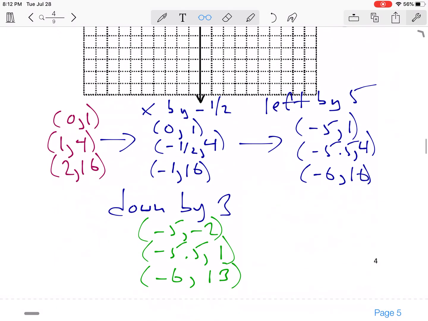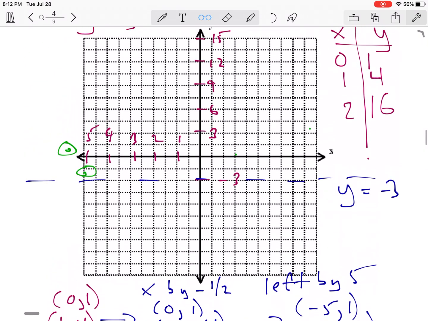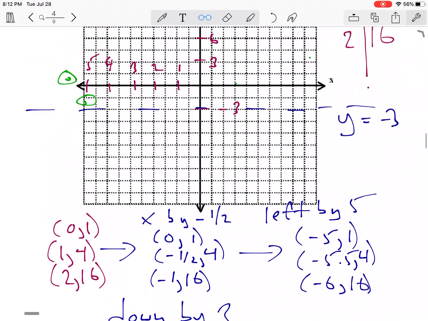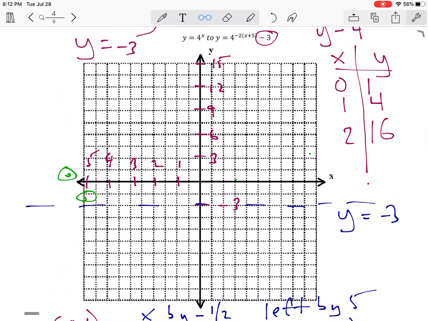And then we've got -6 and 13, and that's just around here somewhere. So what we have here again is something that's not going to touch the asymptote.